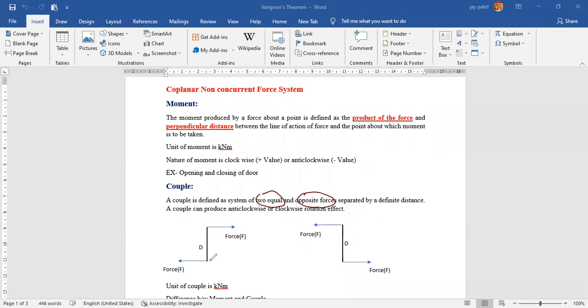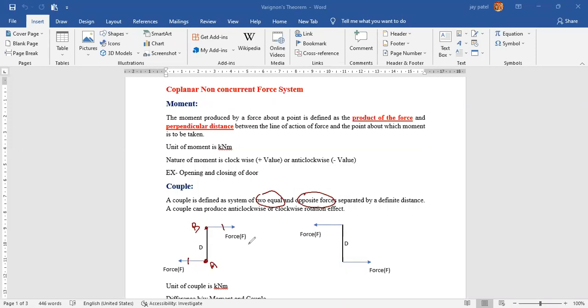Now, please see here. Suppose this is point A and this is point B. On point A, we have applied a load towards the left direction. On point B, we have applied a load towards the right direction. Now, can I say that these forces are equal and opposite? Yes or no? Please confirm in the chat box.